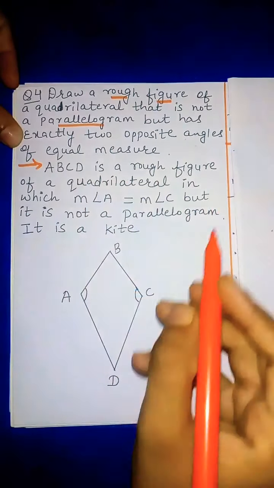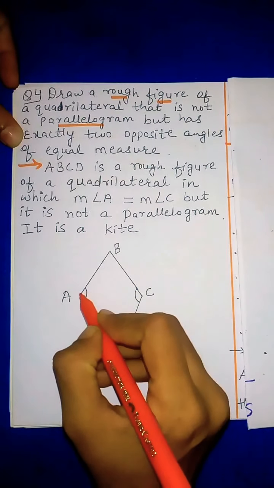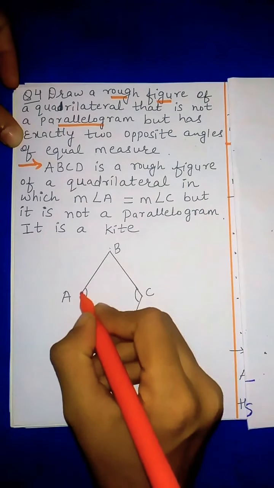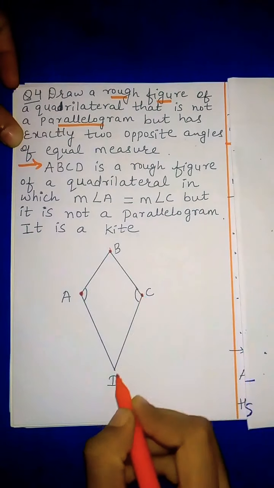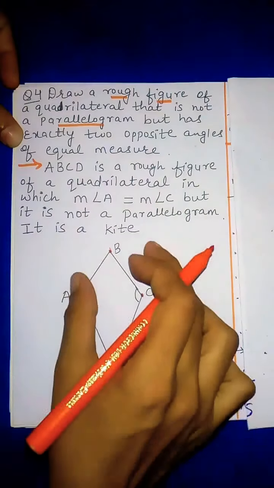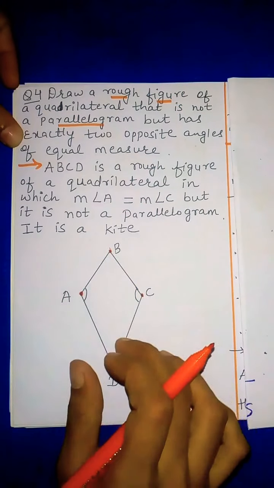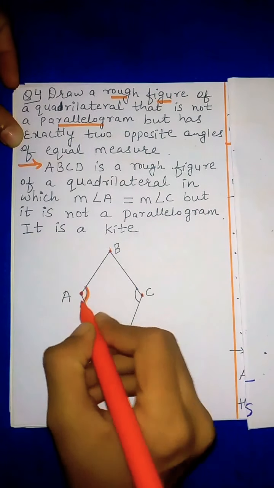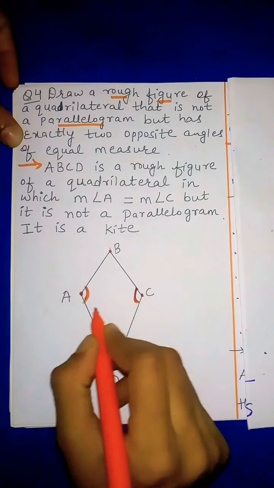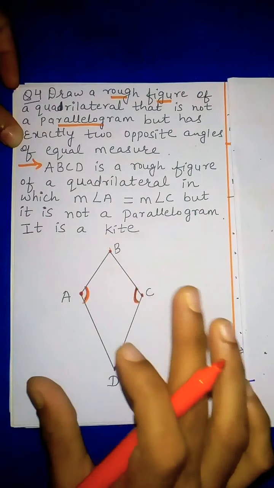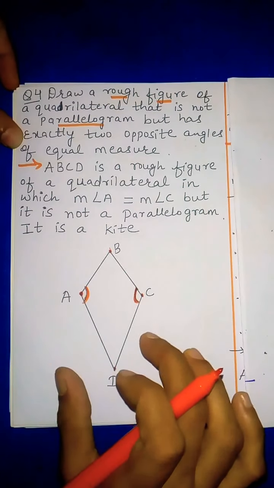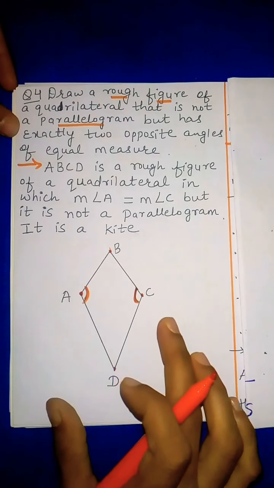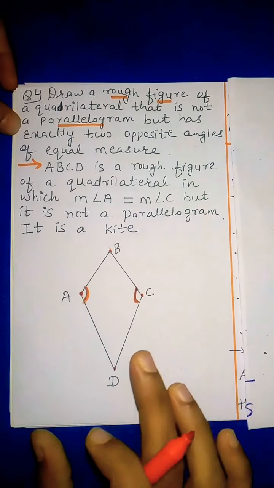So ABCD, this figure which I have drawn, A, B, C and D, this is a quadrilateral. Now here angle A and angle C, they both are equal, but it is not a parallelogram. Which figure is this? It is a kite. In the previous video we have seen the properties of a kite.